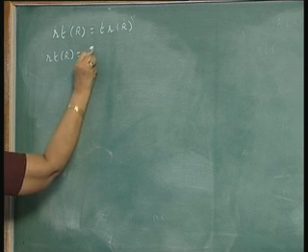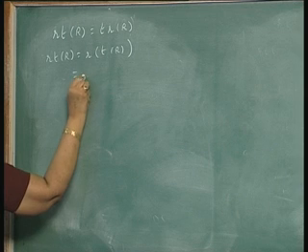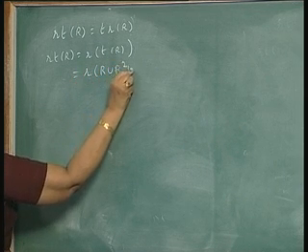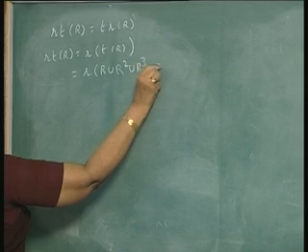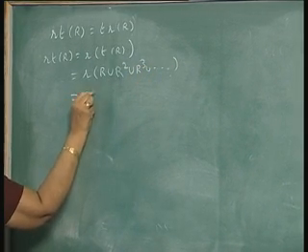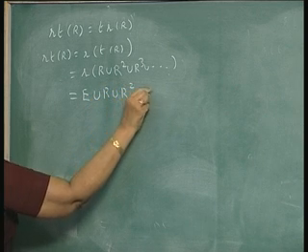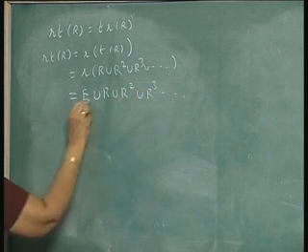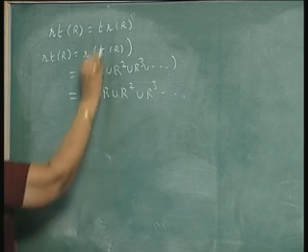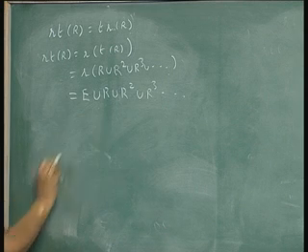RTR is the reflexive closure of TR, and we know that the transitive closure of R is R union R squared union R cubed, etc. And the reflexive closure of that is E union R union R squared union R cubed, etc., where E is the equality relation. Now, we want to show that this is the same as the transitive reflexive closure of R.